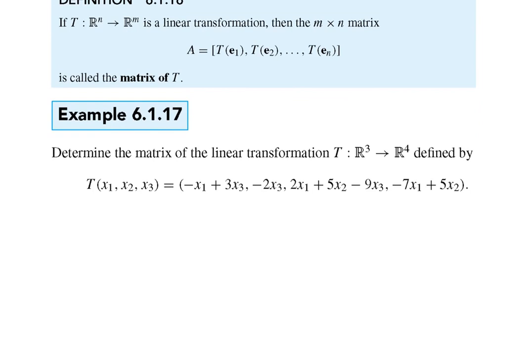This right here, determine the matrix of the linear transformation R to the 3rd to R to the 4. I have given the definition defined this way. They want the matrix.